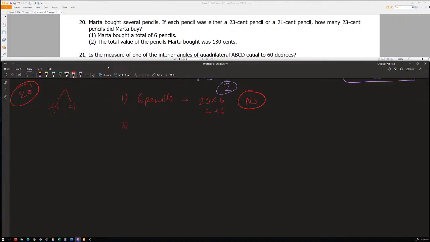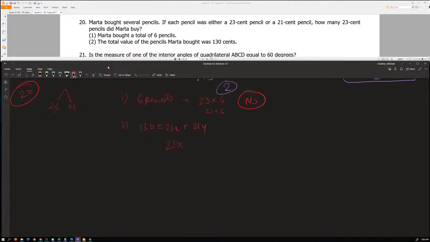The total value of the pencils Marta bought is 130 cents. So 130 is equal to 23x plus 21y. x is the number of 23 cent pencils, and basically we have to see how we can achieve this. For getting 0 at the last digit, we can multiply this by 3.